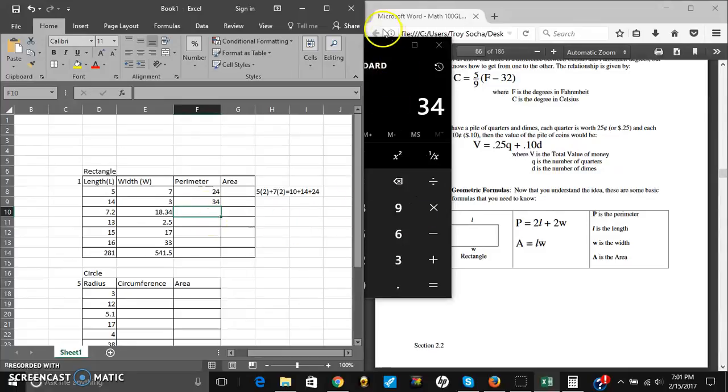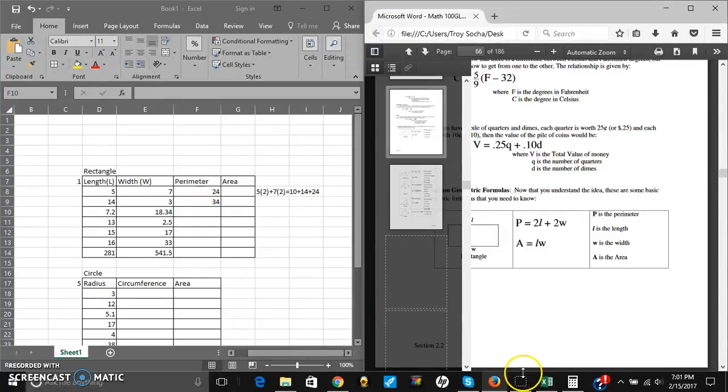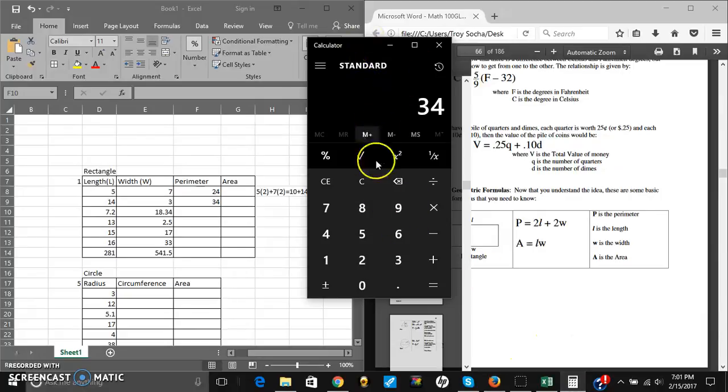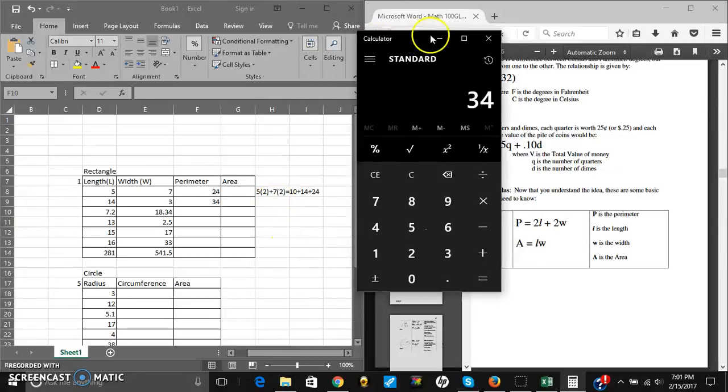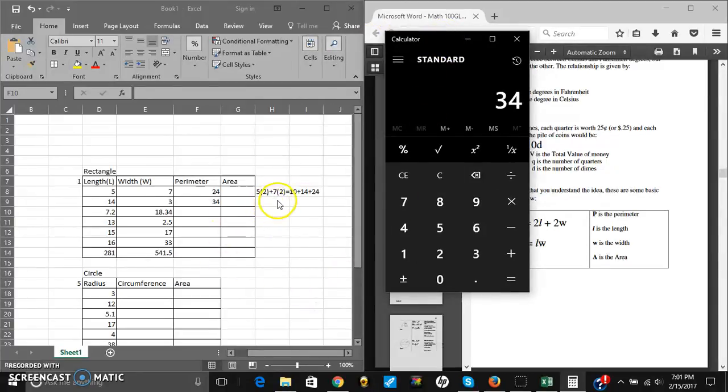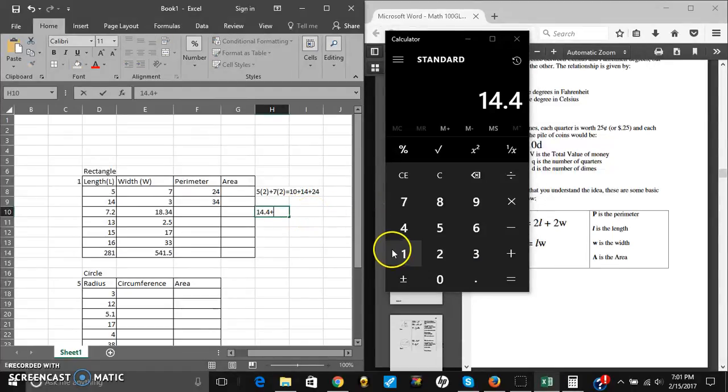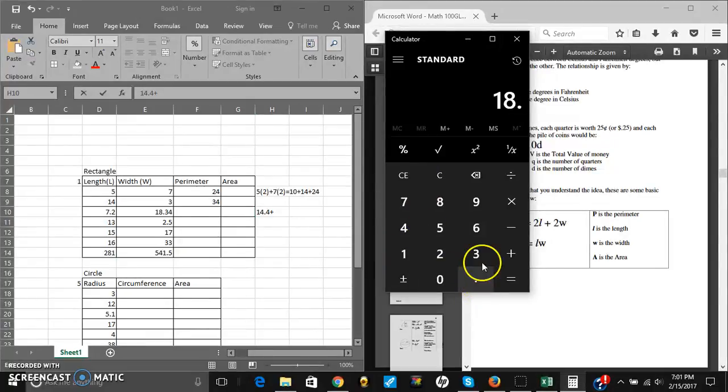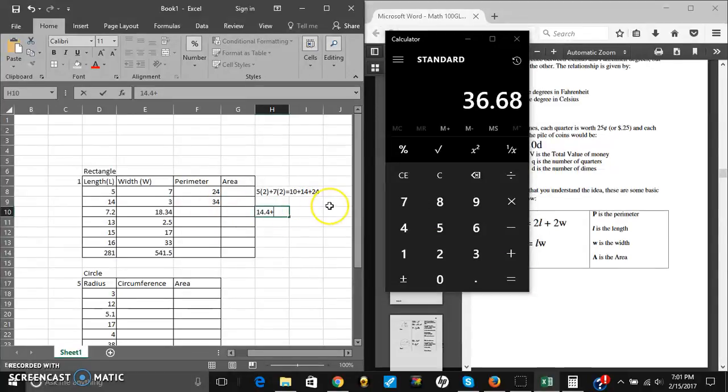The perimeter on this one's going to be a little harder to find because we've got decimals. You'll have your paper to record numbers with, but this is how we record numbers here. Again, we're just following perimeter, so it's 7.2 times 2, so it's 14.4, plus 18.34 times 2, which is 36.68.